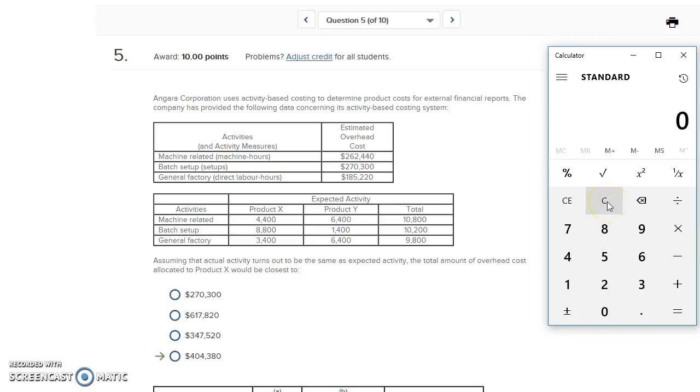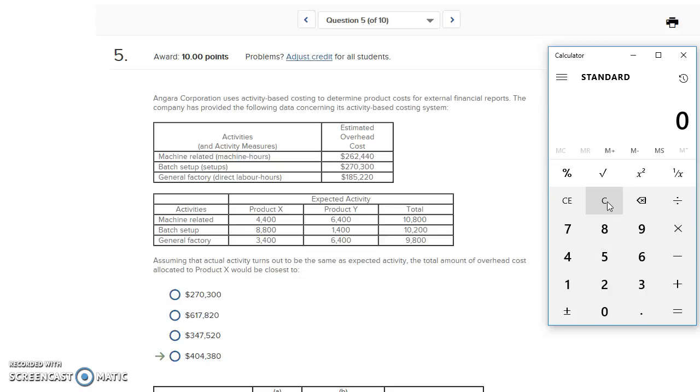Total cost for batch setup is 270,300 divided by 10,200. So that's 26.50. And 185,220 divided by 9,800. So that's 18.90. Okay. So we have our per unit cost.